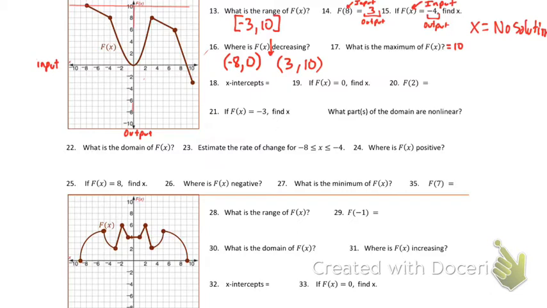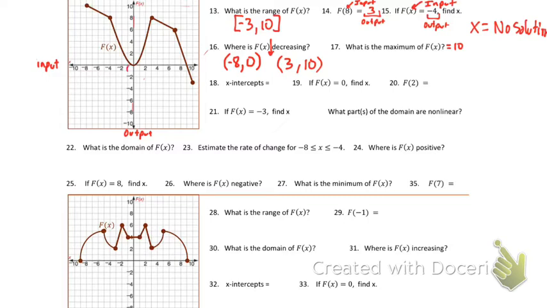X-intercepts. Let's check that out. Number 18, x-intercepts is where does my graph touch or cross the x-axis. So if you look, it's 0 and 9. So my x-intercepts are points.